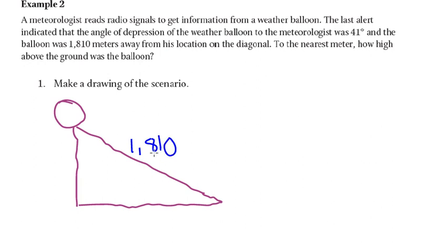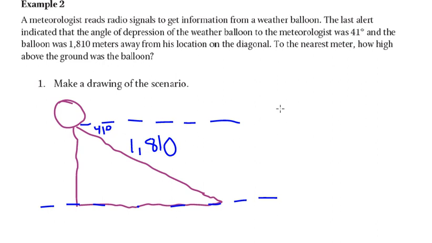So we're going to be using either sine or cosine here. And it tells us that the angle of depression was 41 degrees. So again, the angle of depression is congruent to the angle of elevation. So the angle of depression is this one right here. So this is going to be 41 degrees there.